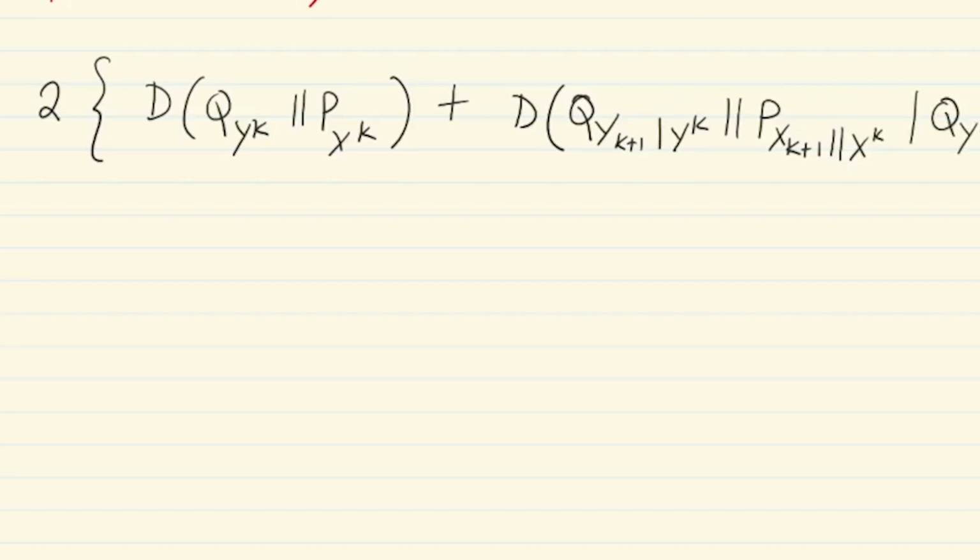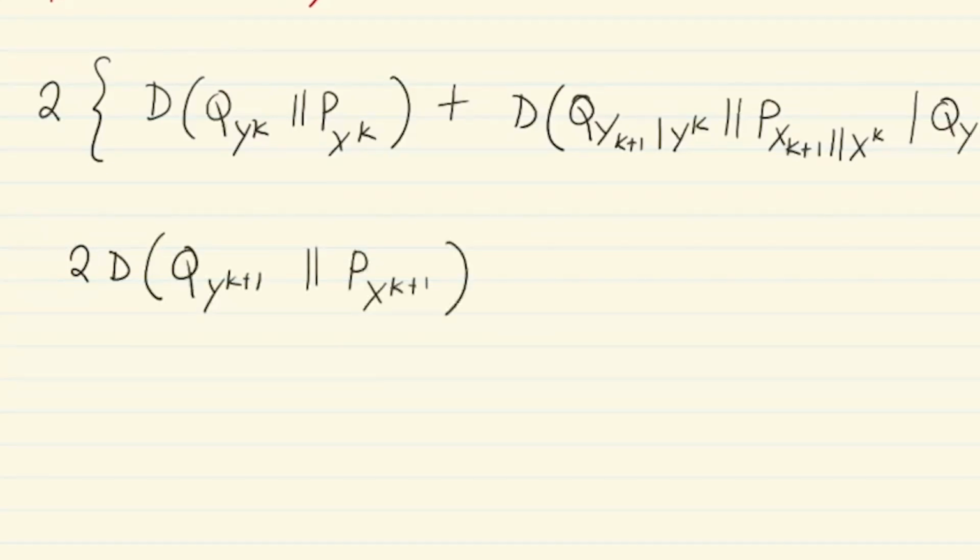By the chain rule of KL divergence, this is exactly what we need, which is 2d of q yk plus 1 with p xk plus 1.